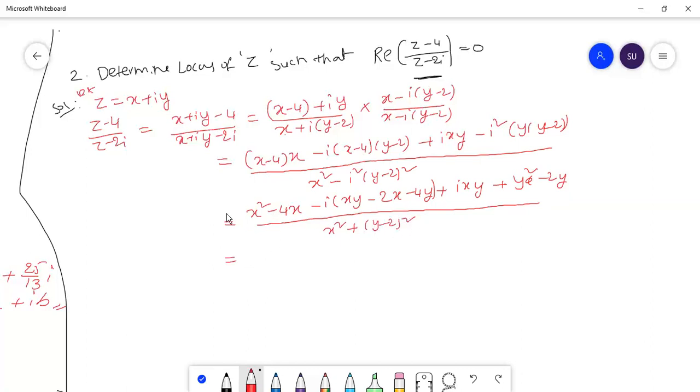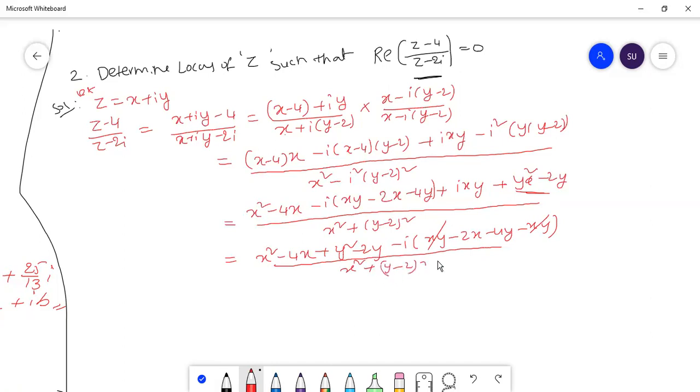Now we'll simplify, and separate all the real parts and imaginary parts. x square minus 4x, and in the last, y square minus 2y. Here if you take i common, minus i, just keep it like that, xy minus 2x minus 4y. Here also I'm taking minus i common, so minus xy cancels, divided by, you just keep x square plus (y minus 2) whole square.